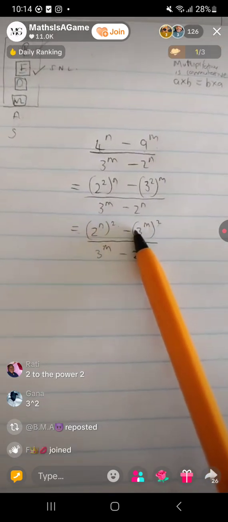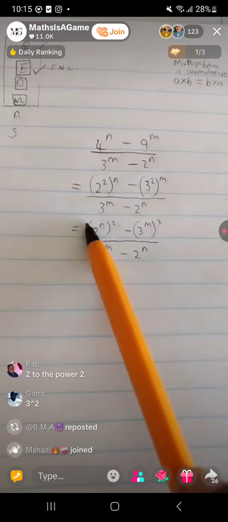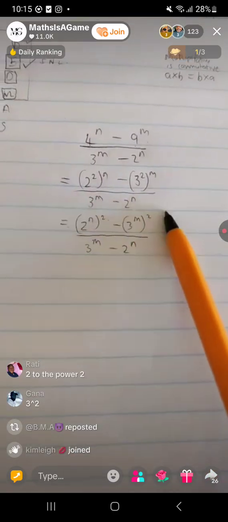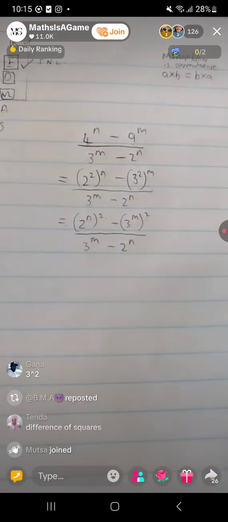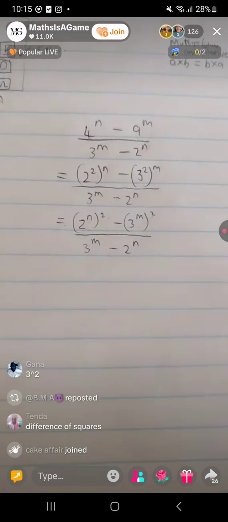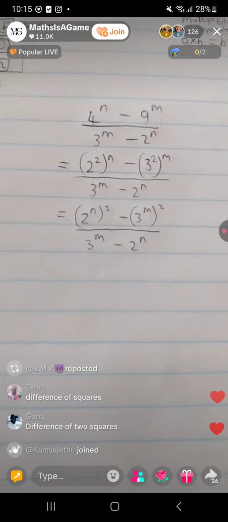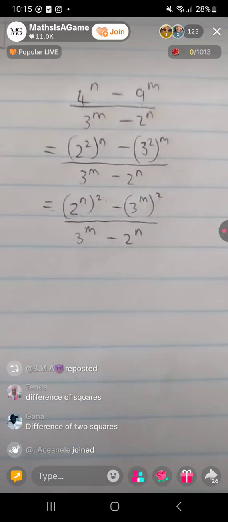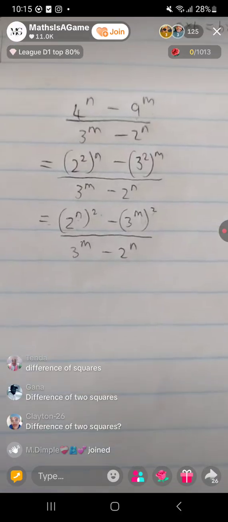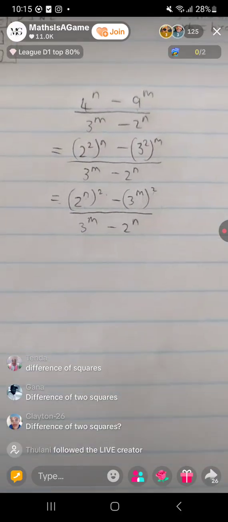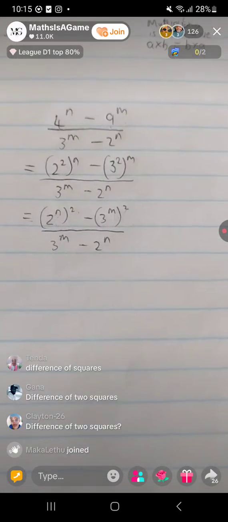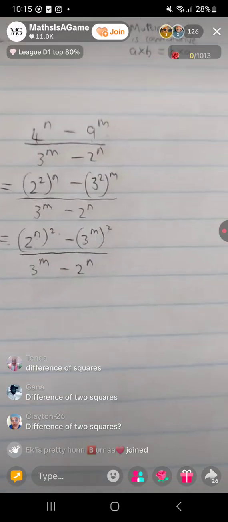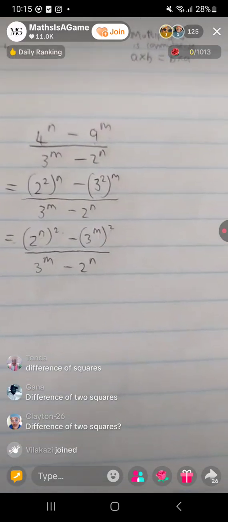There's a difference here. This here is a something. This here is a something. What type of factorization is this, guys? Difference. Difference of two squares.